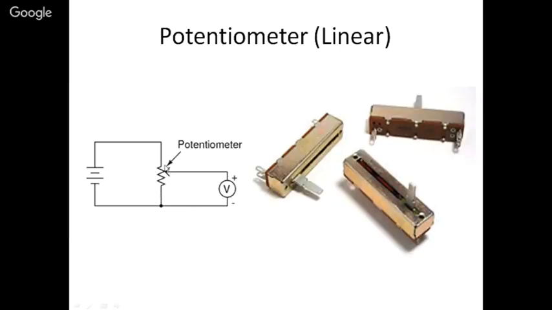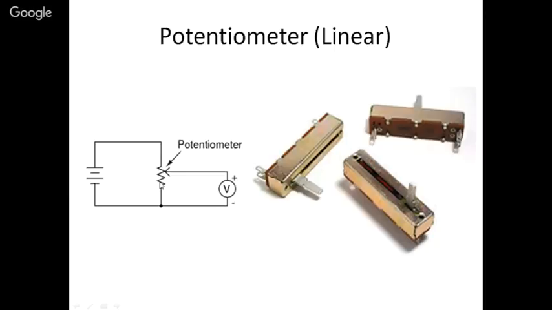If this position is, let us say, here, then we are measuring the voltage across the whole resistance, and that voltage will be the same as the applied voltage, because the output voltage will be equal to the current through the resistance multiplied by the resistance. If we keep the wiper here, the whole resistance is in the picture, and so I into R will be the same as the applied voltage.